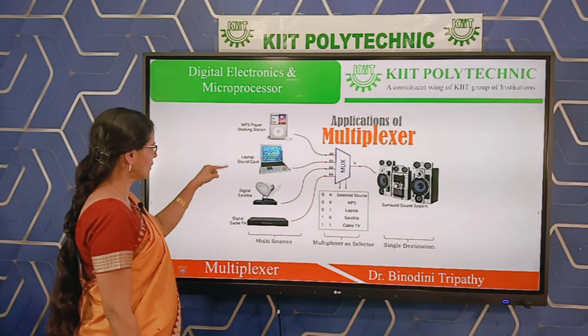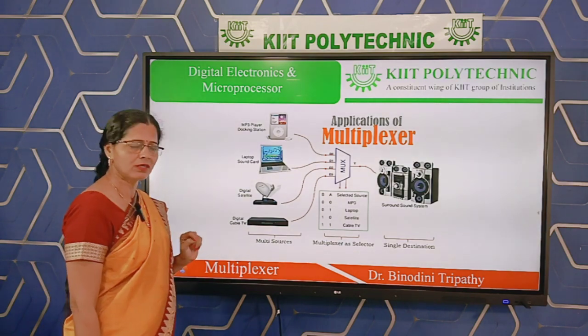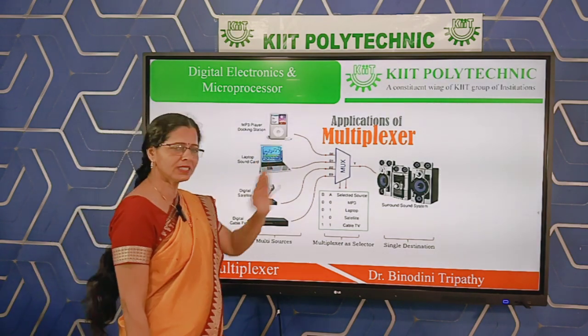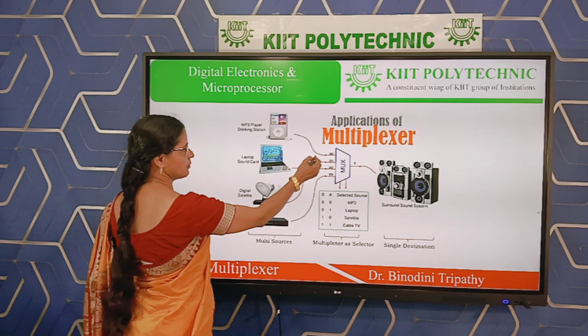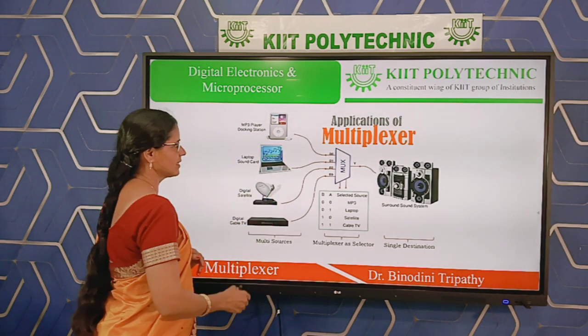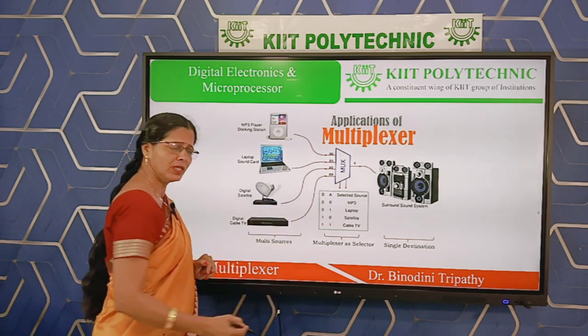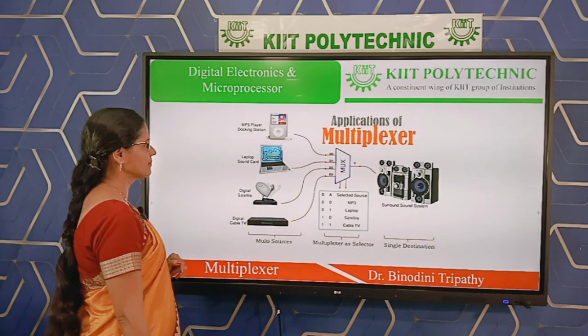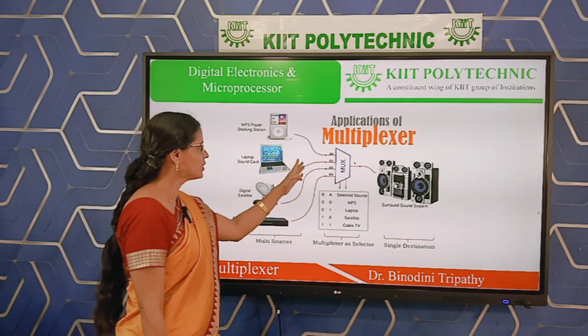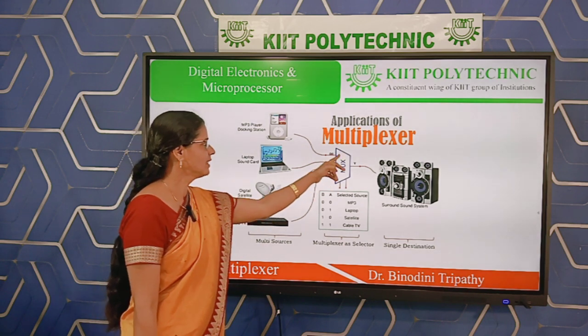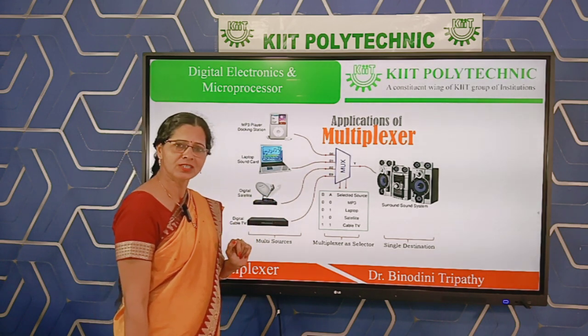So here 1, 2, 3, 4 sources are considered. Each is transmitting one signal. So as per this example, you have 4 signals, and let us designate the signals D0, D1, D2, D3. You can designate as per your choice. Then the 4 signals are applied.